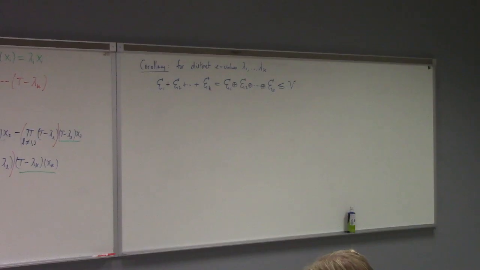we've assumed that the sum of the dimensions of the eigenspaces is the whole space, right?